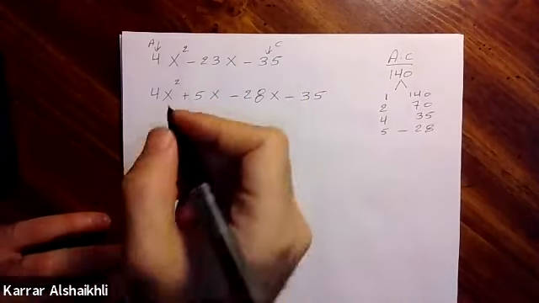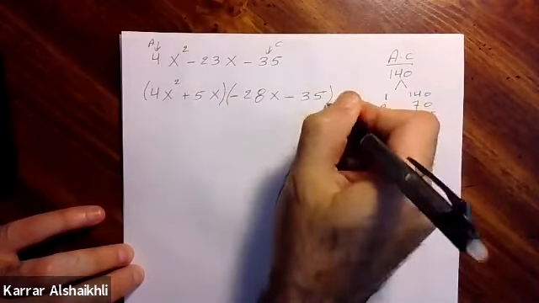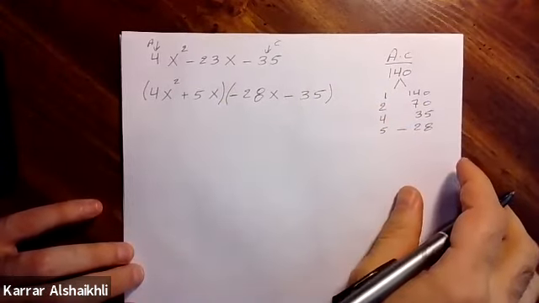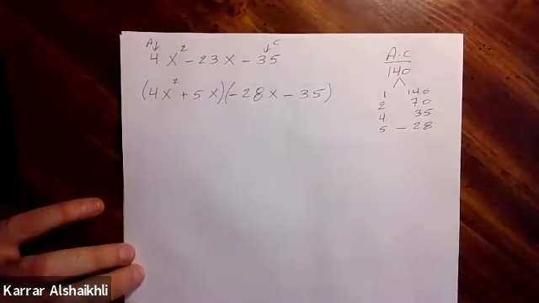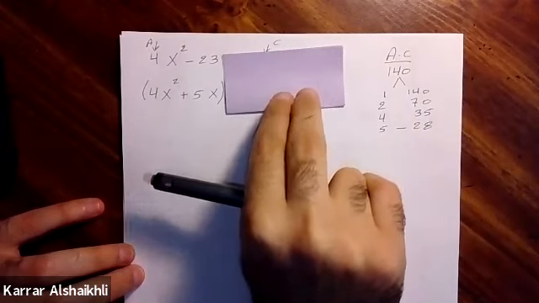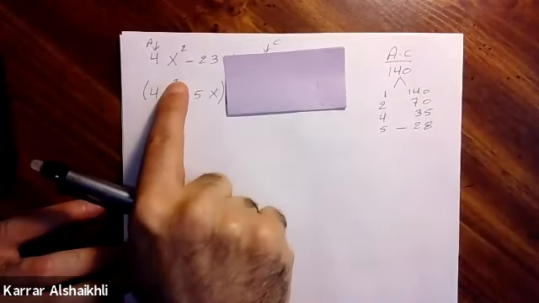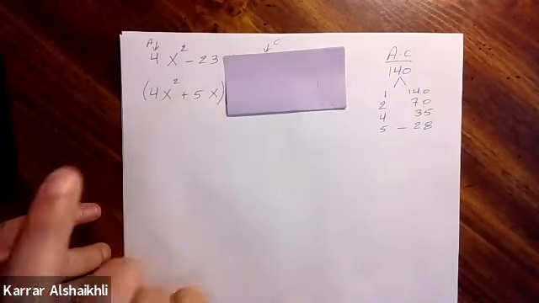So I'm going to group the first 2 terms and group the last 2 terms. You see, I'm doing exactly the same steps all the time. I'm going to hide this one. Now someone tell me what's the common between 4x squared and 5x.